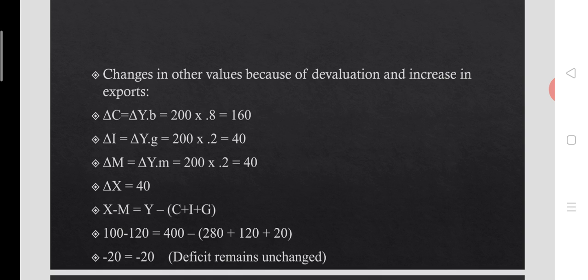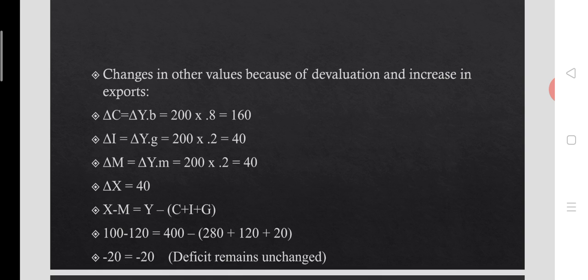It was previously 120, and now consumption has increased by 160, so the total consumption is 280. Total investment is 120. It was originally 80 and increased by 40 million US dollar, so now it is 120. Finally, government expenditure remains constant. It was originally 20 and is now also 20. There is no change in that as per the assumption.